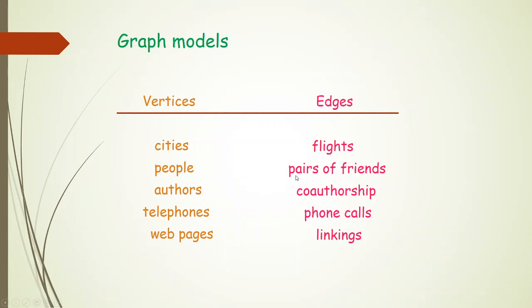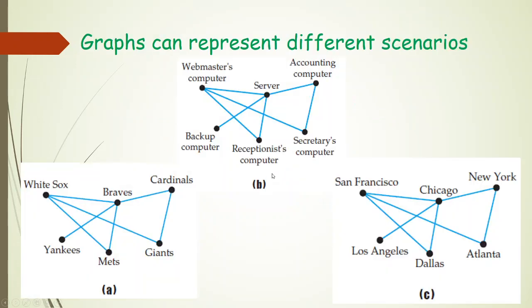So there will be an edge between two persons if they are friends, no edge if they are not friends, and so on. Just like this example here. So you have webmaster's computer, we have the server. Since there is an edge connecting webmaster's computer to server, this means there is a connection between them.